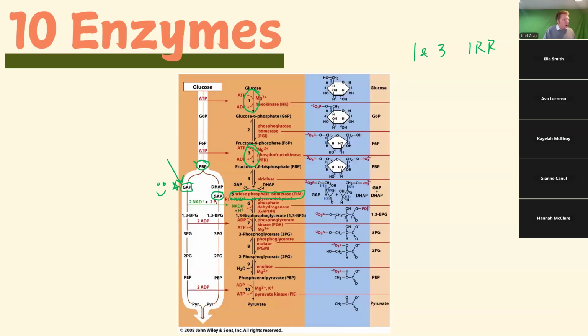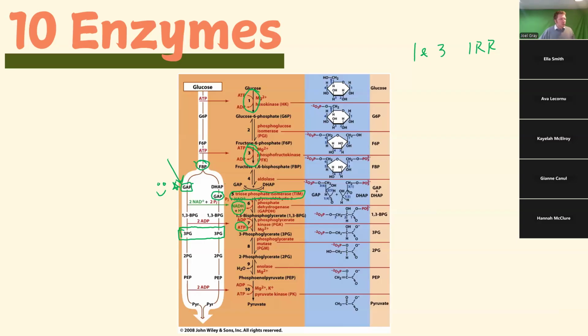So where we are right now, to bring it back to this slide, is we just completed the step that gave us our two molecules of 3-phosphoglycerate. So we have collected our 2 ATP. We've also produced 2 NADH. So we're making progress.